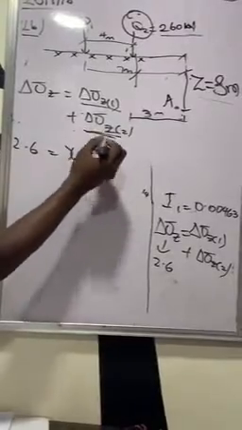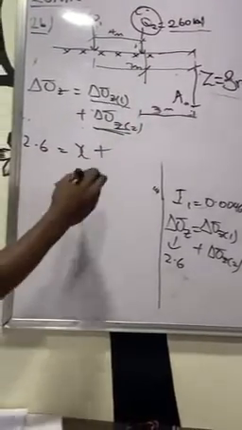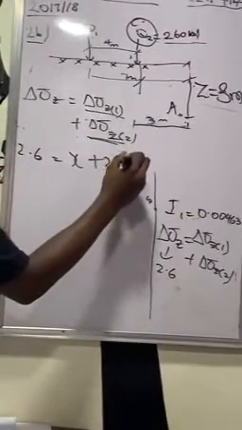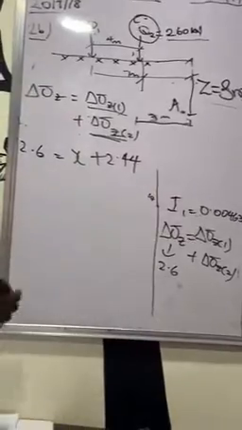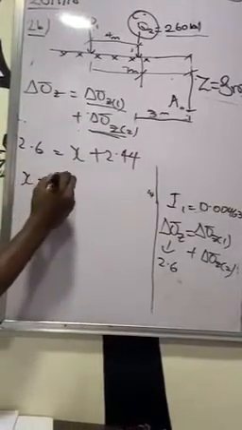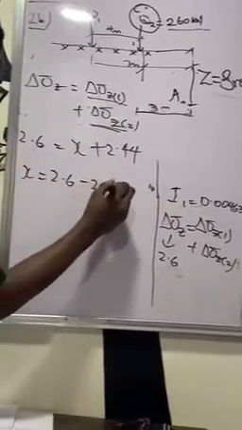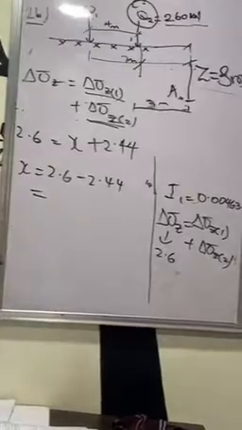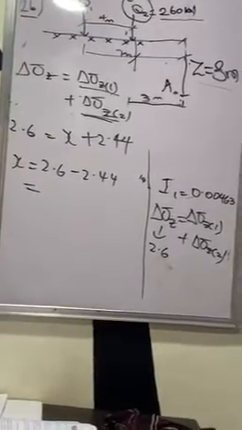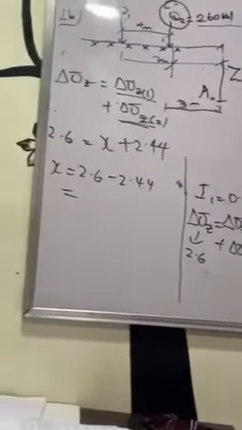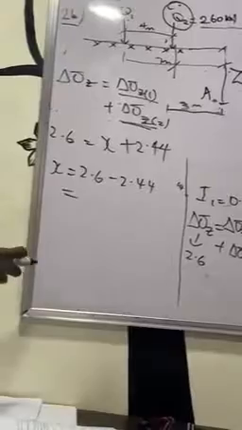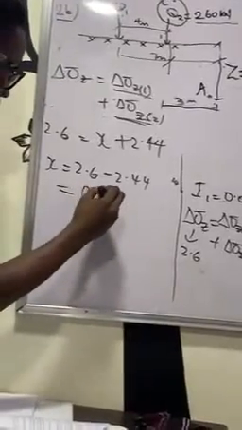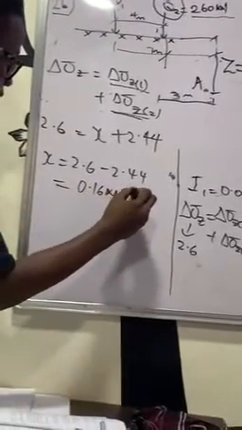And we have this, the one we just calculated, which was 2.438. So let's just use 2.44. I can find x to be equal to 2.6 minus 2.44, which means my change in vertical stress for the first point is 0.16 kilonewton per meter squared. Don't forget your units, very important.